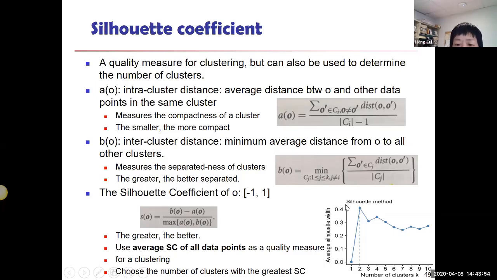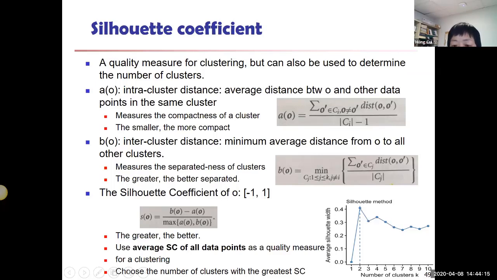This quality is going to be, instead of the sum of squared errors, the Silhouette coefficient. And again, what you see here is we try out a different number of clusters, and then for every clustering, we measure its quality.